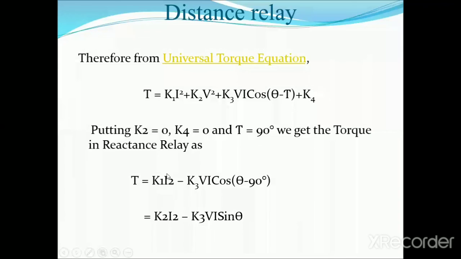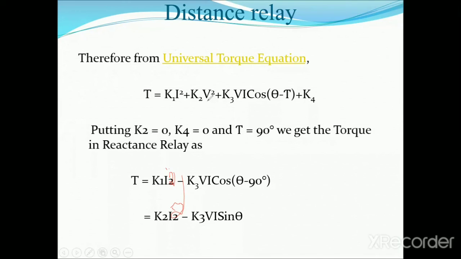So, T equals K1 I square minus K3 VI cos of (theta minus tau).